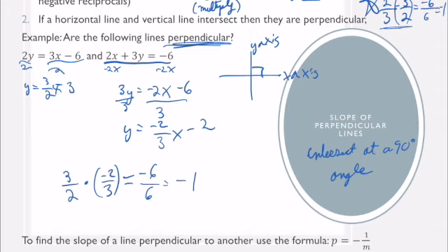If I want to find the slope of a line perpendicular to another, I could use the formula p equals -1/m. So let's say I have y equals 4x minus 3, an example we've used before. If I want to find a line perpendicular to that, I could find its slope. This is the slope of the perpendicular line, by taking -1 over m and plugging in my slope, which is 4. So any line with a slope of -1/4 would be perpendicular to y equals 4x minus 3.